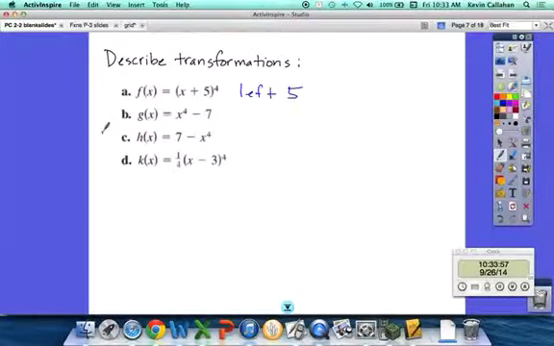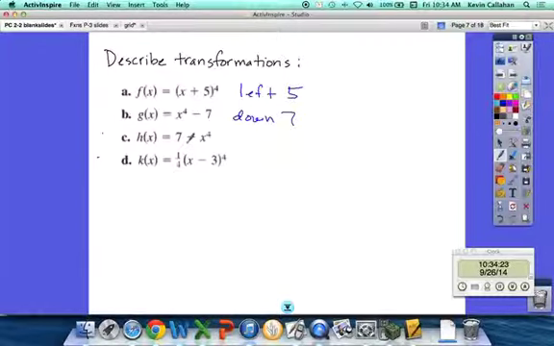Right. Here's another x to the 4th. How is the graph being shifted because of this minus 7 at the end? Down 7. What two things are going on in this one? Yeah, this 7 is a plus, right? So it's up 7. And that, because it's got a minus in front, means it'll open down, right?